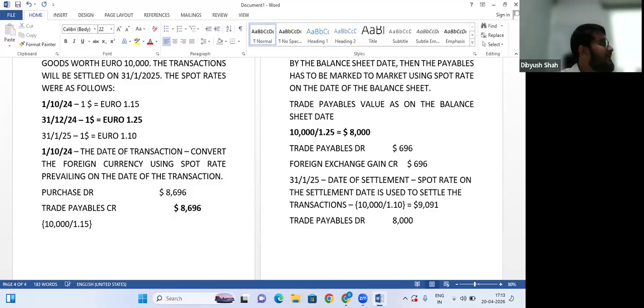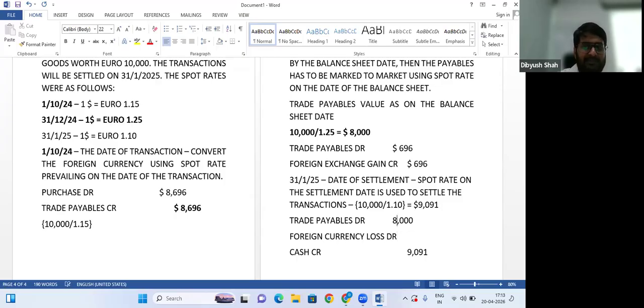This is the last carrying value of the liability on the balance sheet. Cash will be credited. This is the dollars you have actually spent on purchasing. The difference is a debit. This is a loss because between the balance sheet date and the date of settlement, the dollar reduced in value, so it created a foreign currency exchange loss.